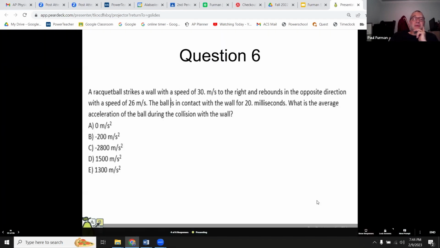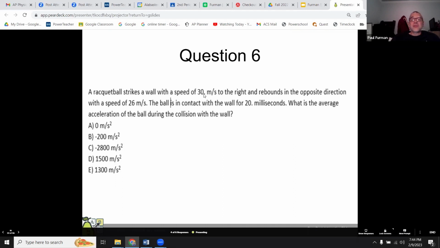C is actually the correct answer, negative 2,800. Here's the thing to be aware of with this problem, and it might help if you drew a picture. It says a racquetball strikes a wall with a speed of 30 meters per second to the right, so its initial velocity would be 30 meters per second. It rebounds in the opposite direction at 26 meters per second, which is going to be negative 26 meters per second.